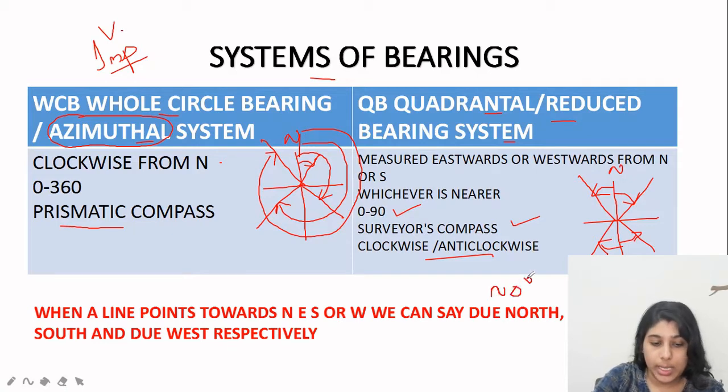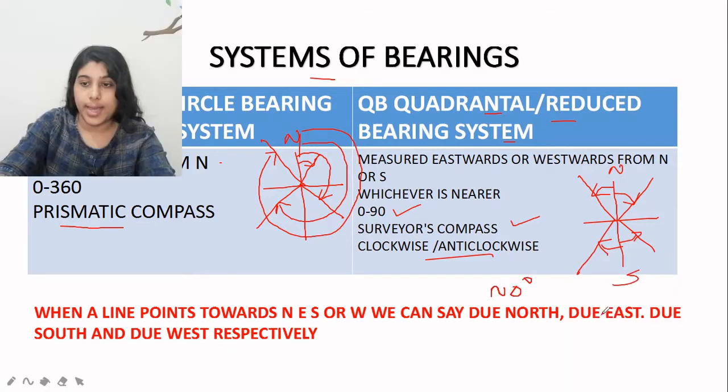If it is due east, because it is coming in north, south, east and west, we can say it as north 90 degree east or south 90 degree east. In both ways we can write. If it is due south, we can say south 0 degree.